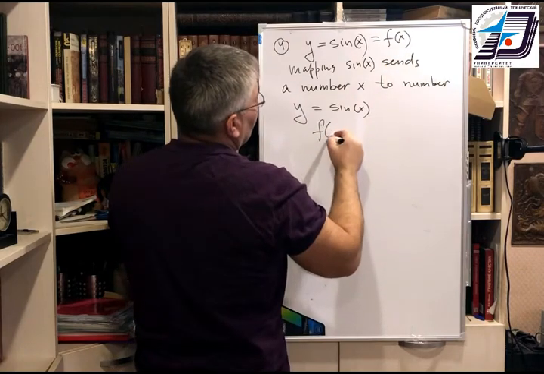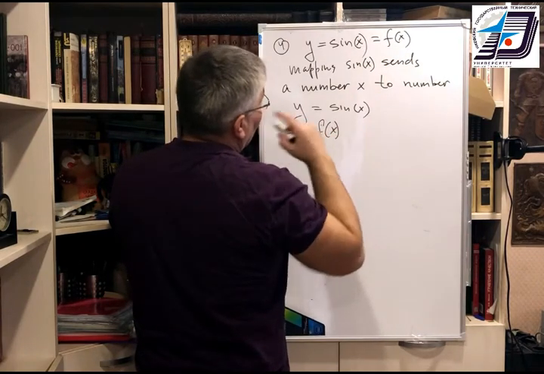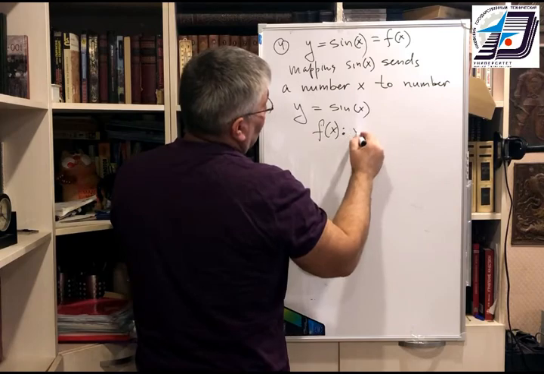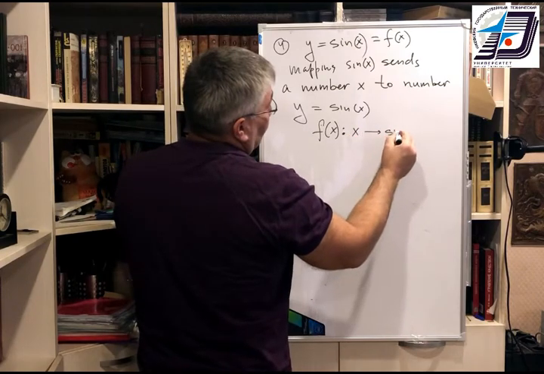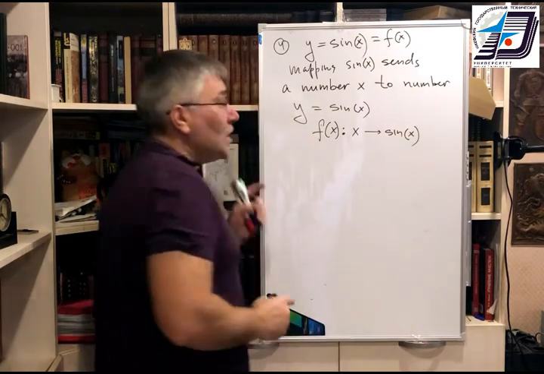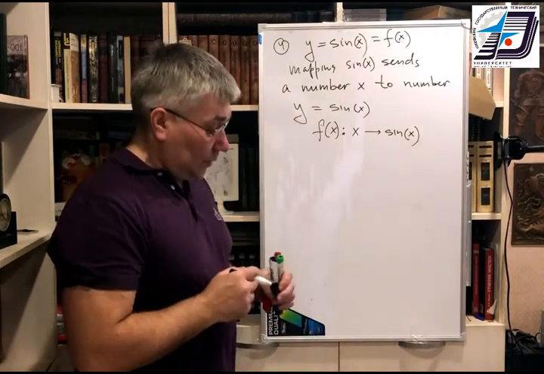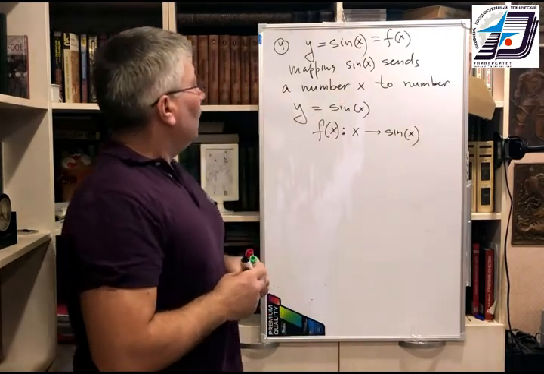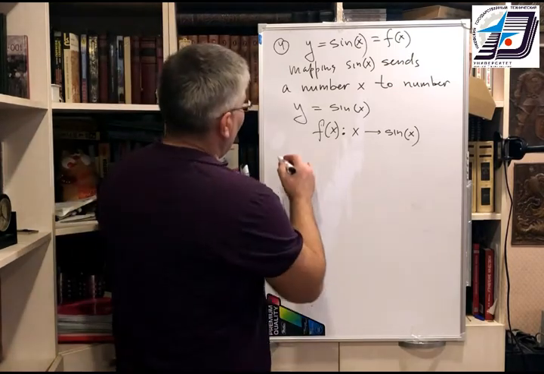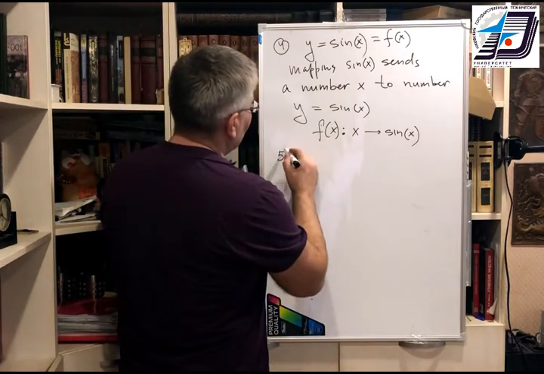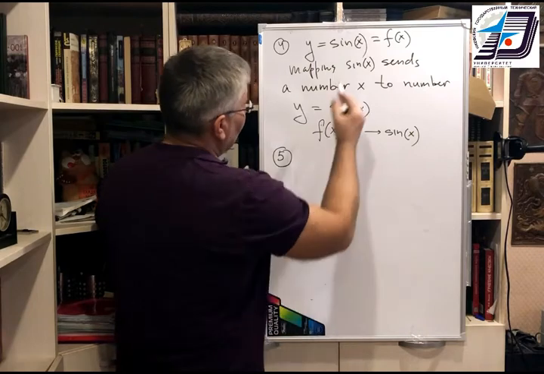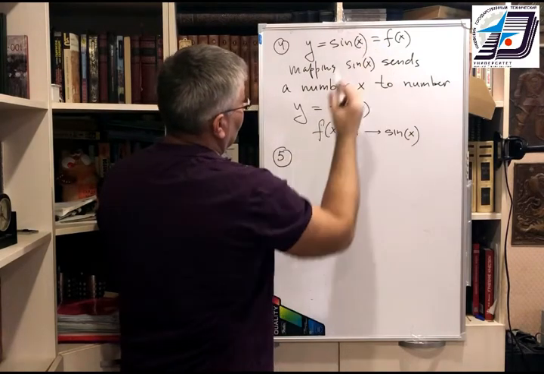So f of x, the given function or mapping, sends x to sine x. So we have just one operation to calculate it. But what happens if I add here the power to the x?